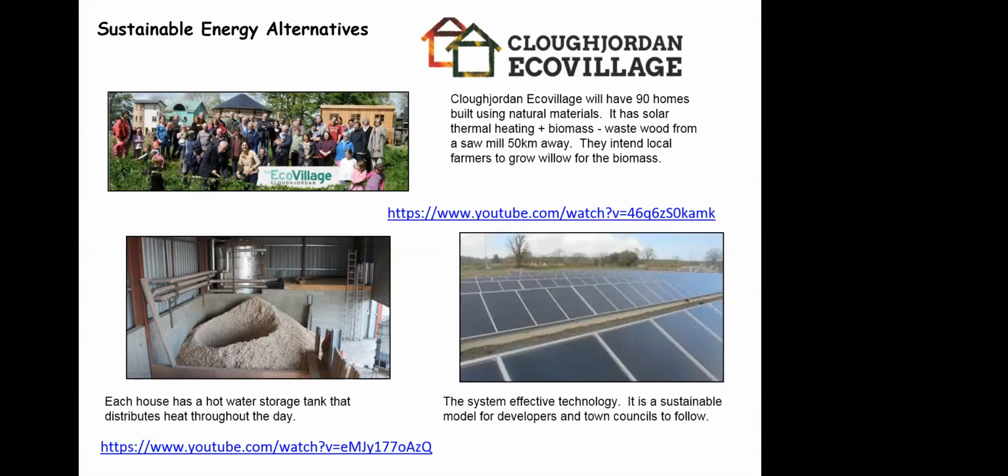So there are copper pipes inside there which are capturing heat from the sun. And even in an Irish climate where there isn't a huge amount of sun, they do actually capture a great deal of heat. And that is fed into a system in which each house gets hot water and heating from this solar thermal, but it's also in combination.